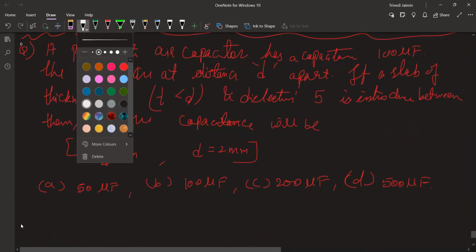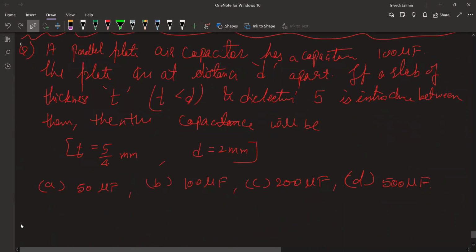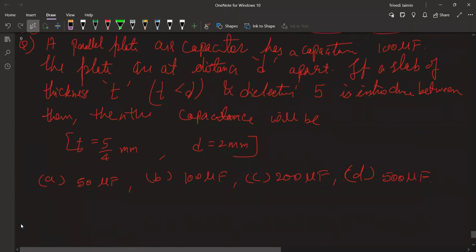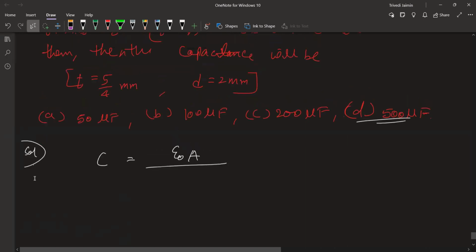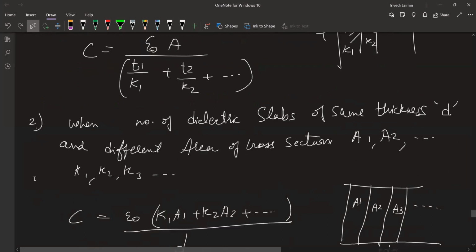Okay, let's solve this one. The same formula. $500 you're saying, right? Let's check. C equivalent equals epsilon naught A by D, by 1 by 2A, right?